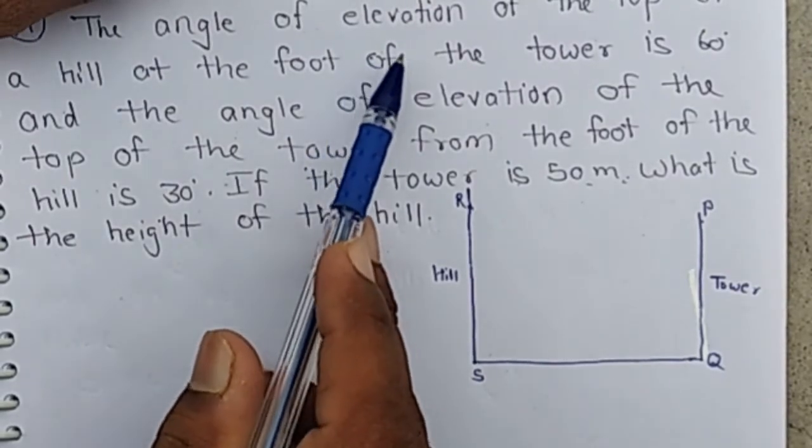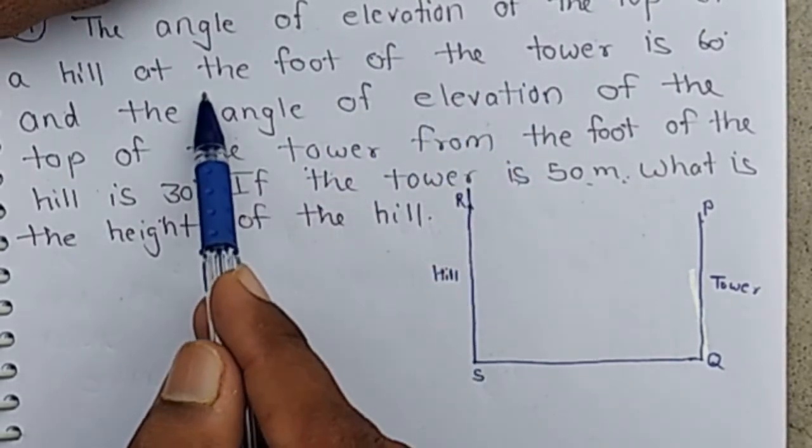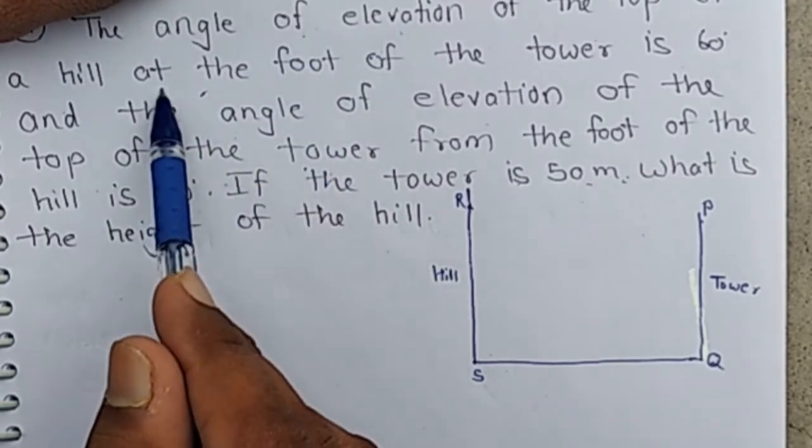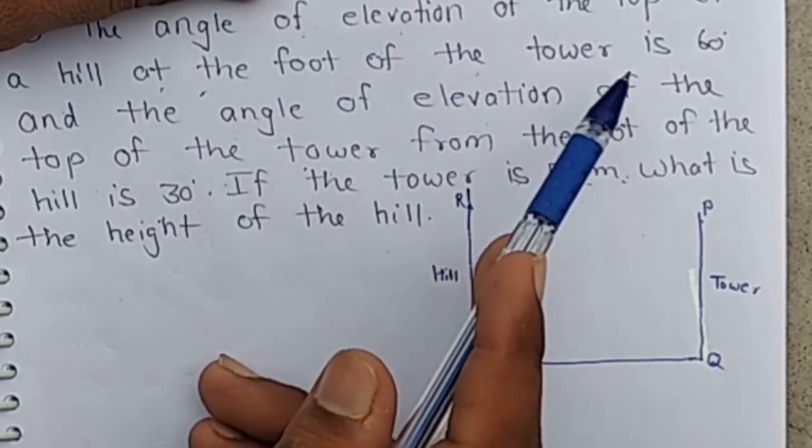Now the angle of elevation of the top of a hill at the foot of the tower is 60 degree.